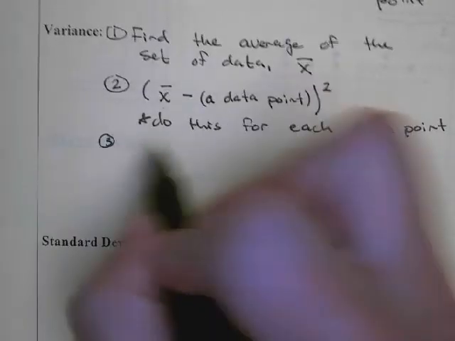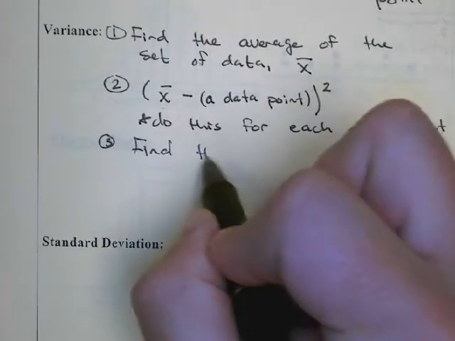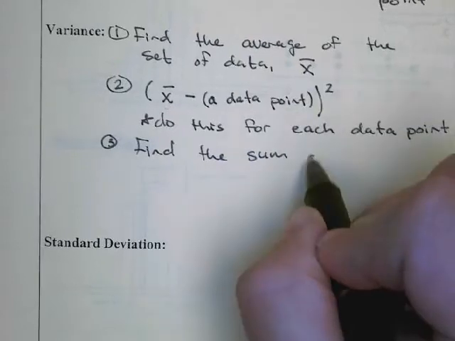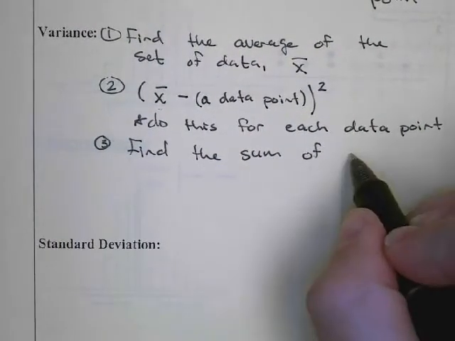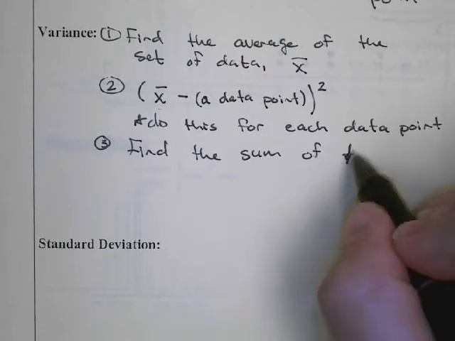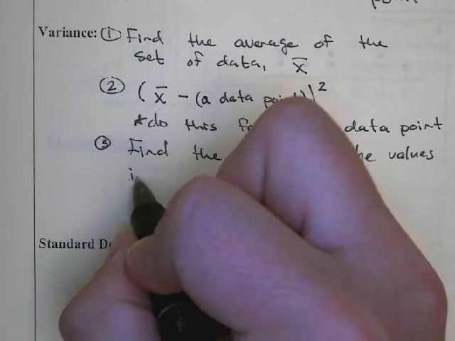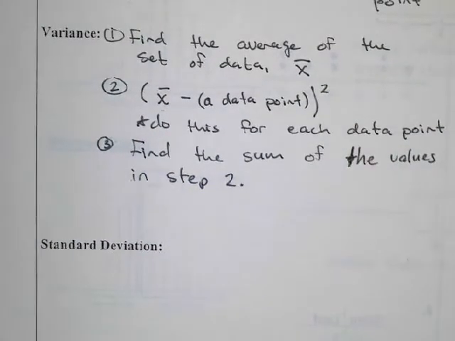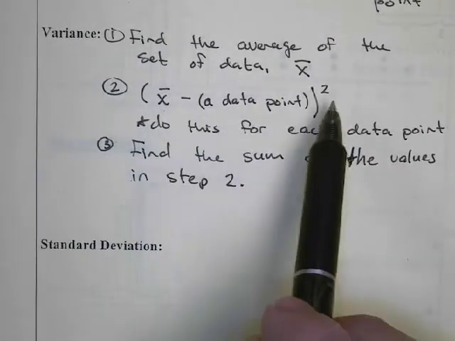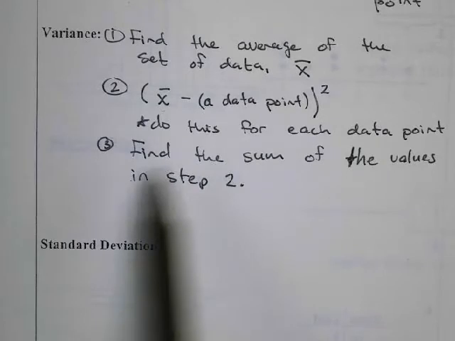Step 3, find the sum of the values in step 2. So after we do the subtraction and the square, we'll then take all these values that we found and just add them all up.